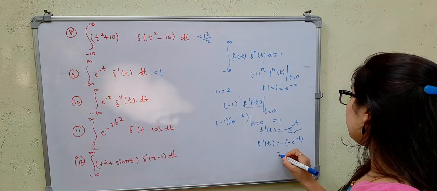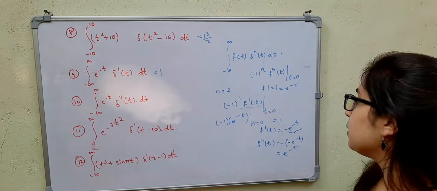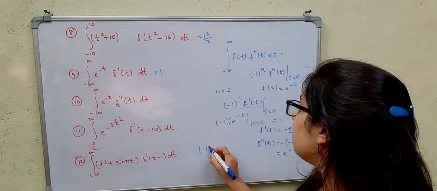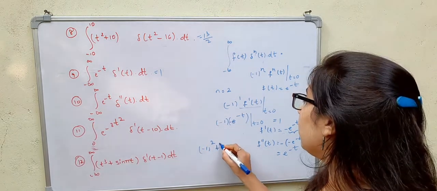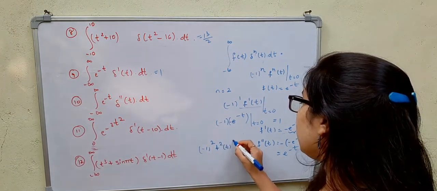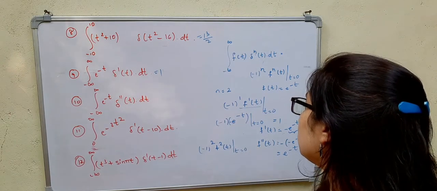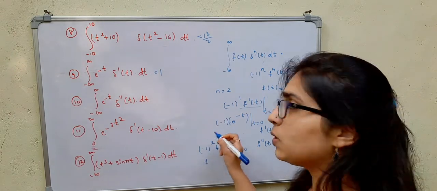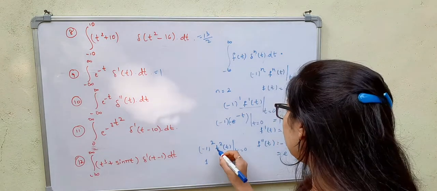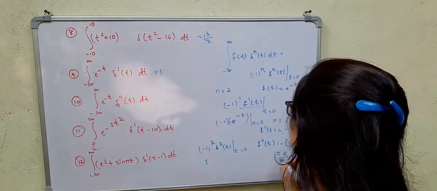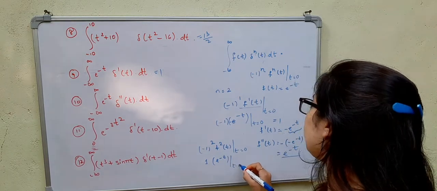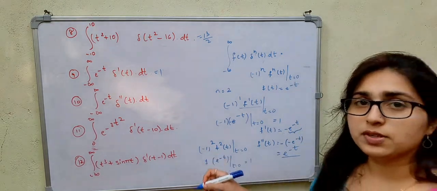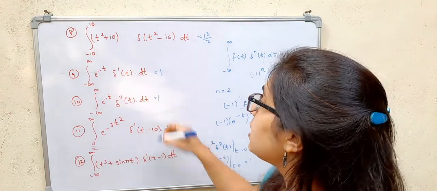So that is equal to e to the power minus t. So here we can consider minus 1 to the power n, that is 2, then f2 t at t is equal to 0. So minus 1 whole square will be plus 1, then f2 is nothing but e to the power minus t, that is at t is equal to 0, so it will be equal to 1. e to the power 0 will be equal to 1. So the value is 1.